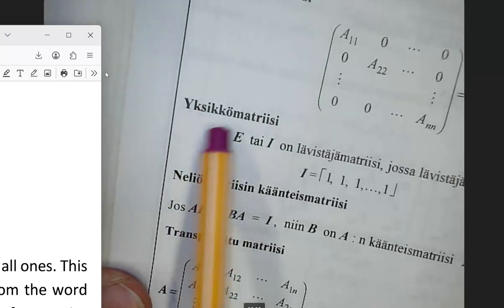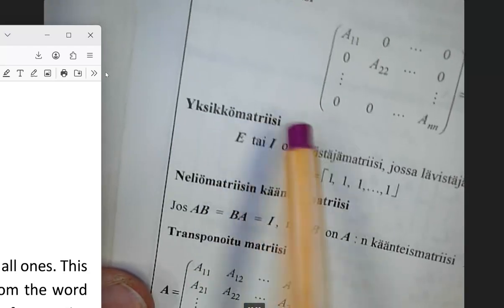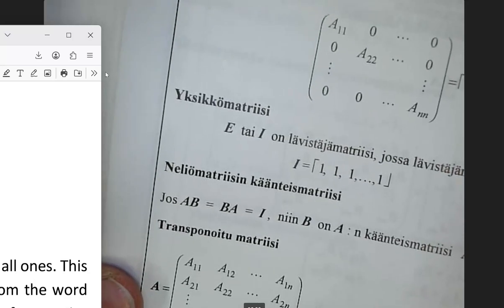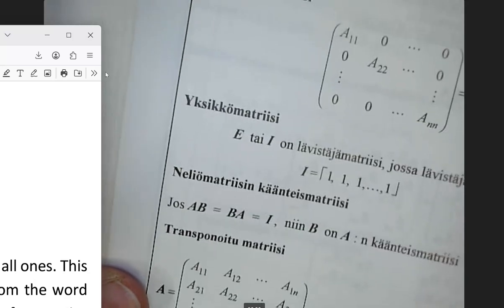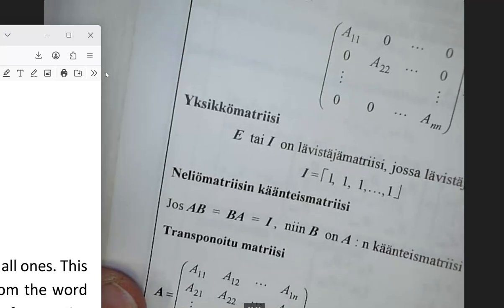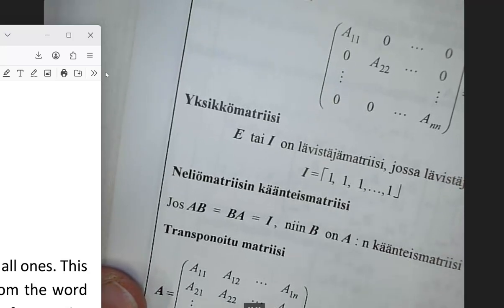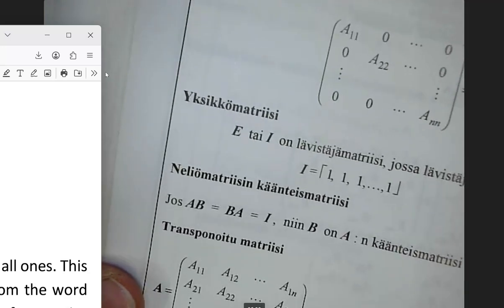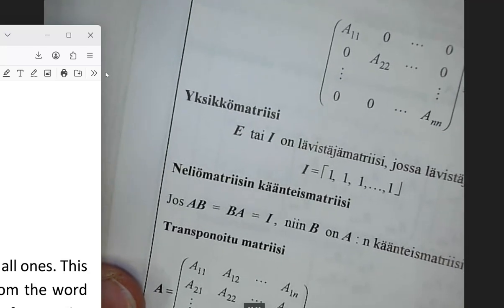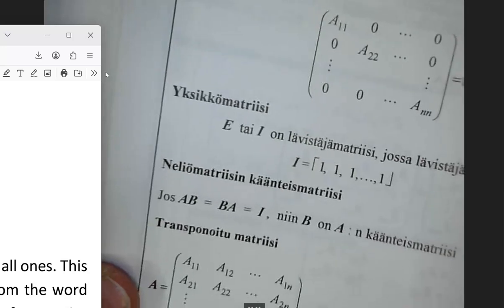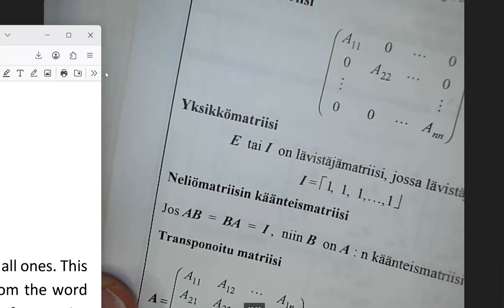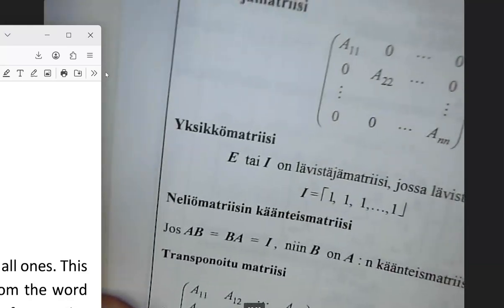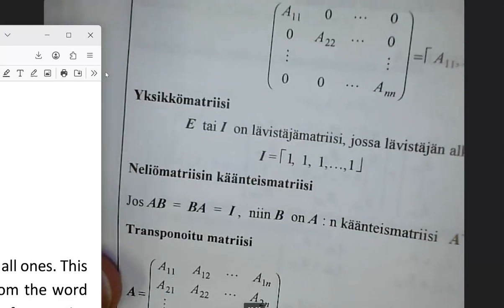But the longer word yksikkö is also the same as unit or dimension. For example, 5 meters: this meter is a unit, in Finnish yksikkö. Meters and Celsius and square meter and volt, these all are yksikkö in physics.